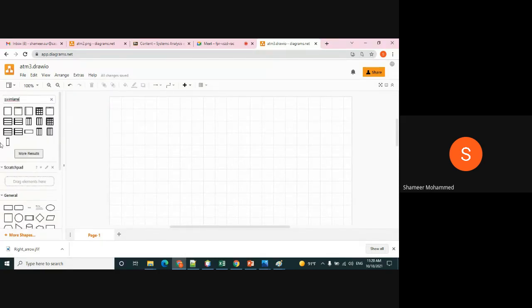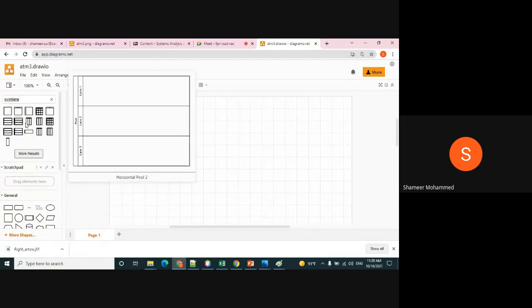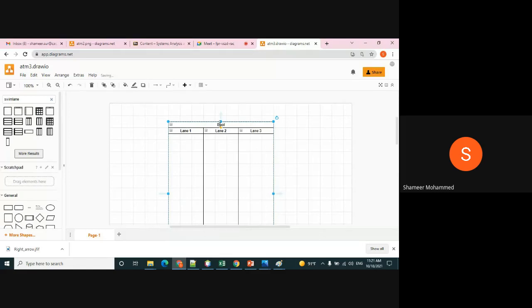Okay. Then here you have pools like this. Take this. So here you can write ATM transaction or ATM banking. Here, who is that? First activity, first customer.